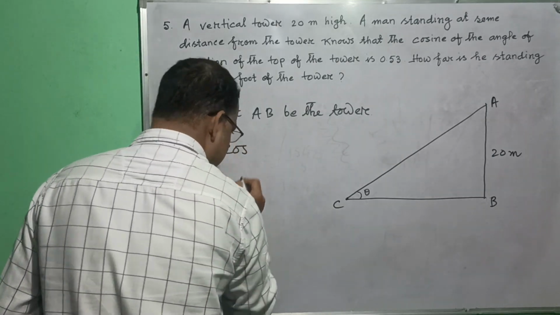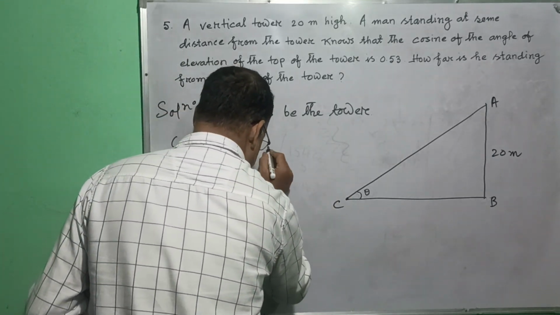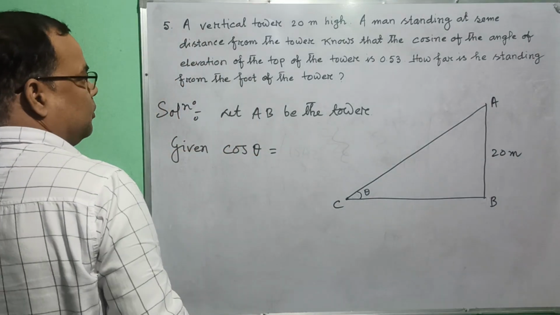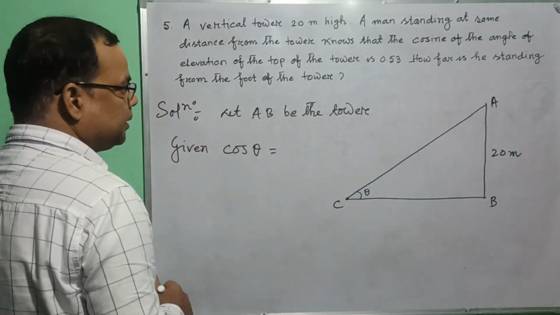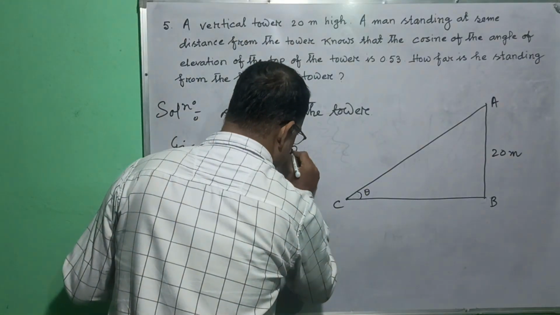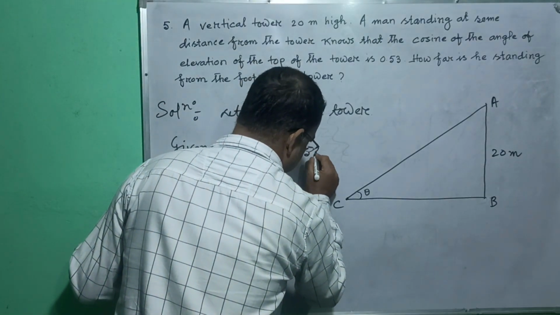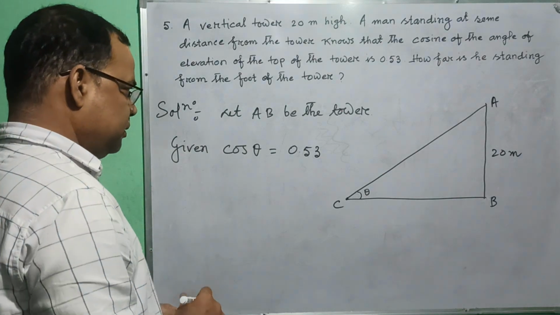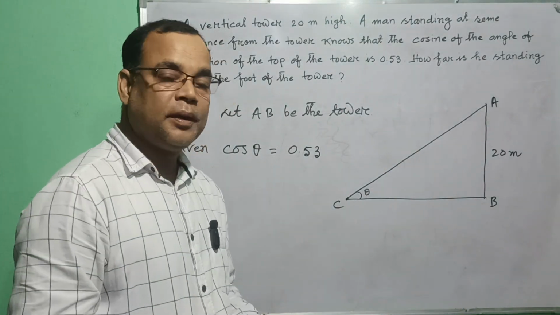Then we can write given cos theta equal to 0.53.